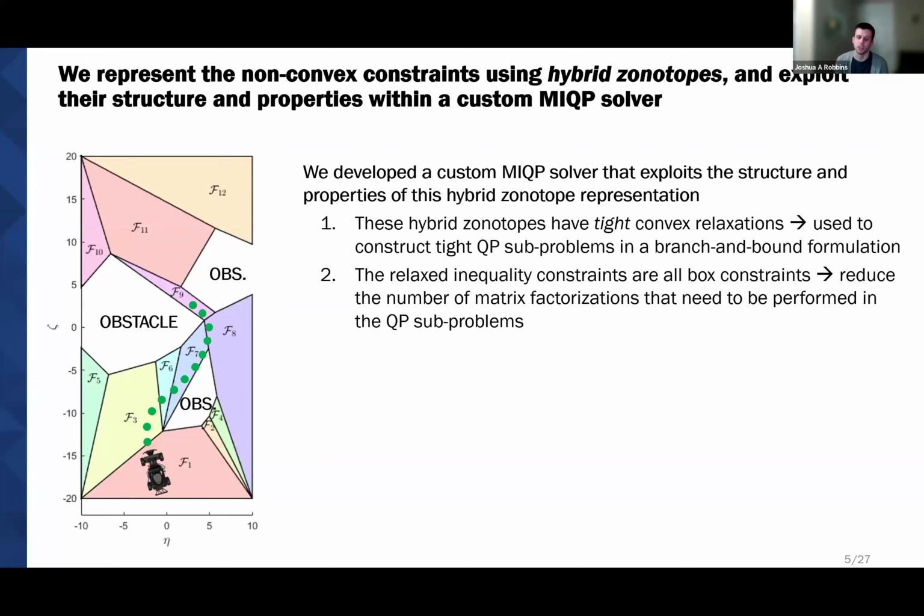Additionally, we exploit the fact that using these hybrid zonotope constraints, all of our inequality constraints are box constraints. And using a particular QP solution technique, this allows us to reduce the number of matrix factorizations that we need to solve when solving the QPs. And that allows us to solve QP subproblems that we're generating in this branch and bound mixed integer solver more quickly.